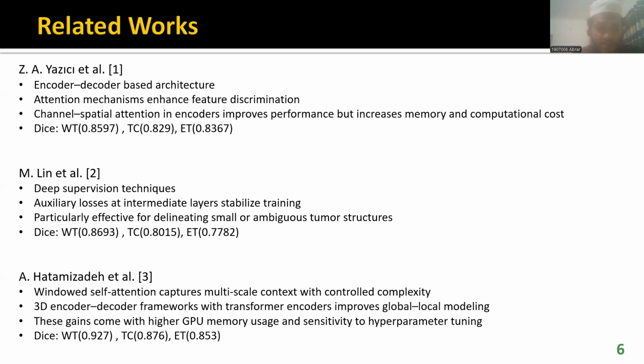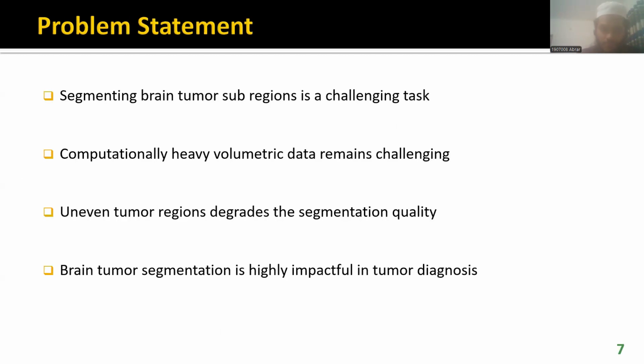The third paper is the Swin UNet architecture, which uses the Swin transformer model. As we know, windowed self-attention captures multi-scale context with controlled complexity, and a 3D UNet encoder-decoder architecture is used with transformer encoders, which improves global and local modeling of the image. The dice score is also given here.